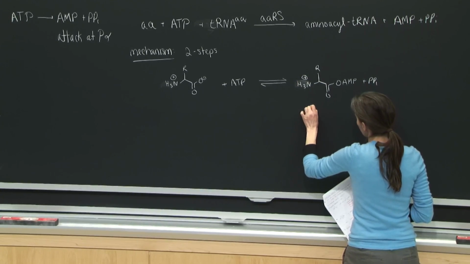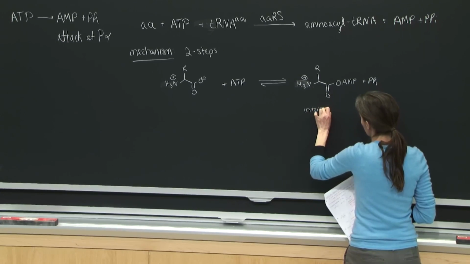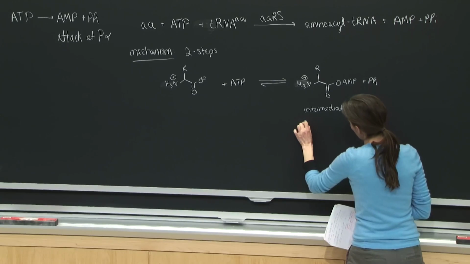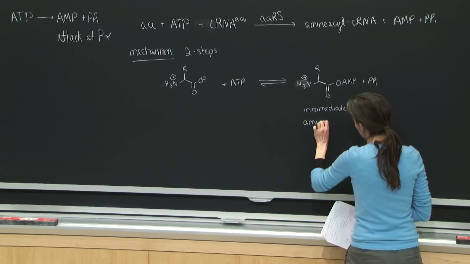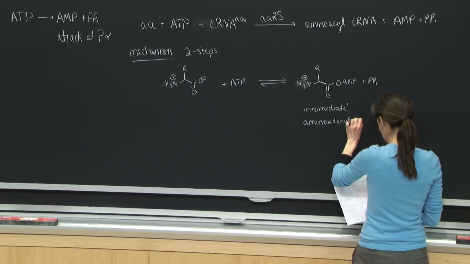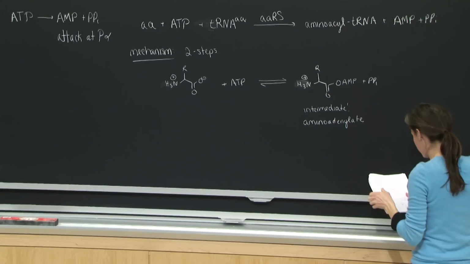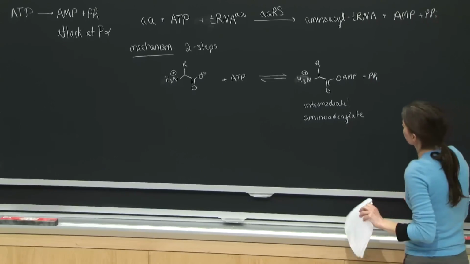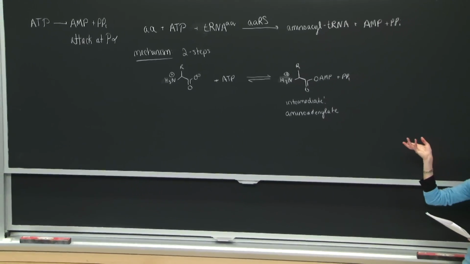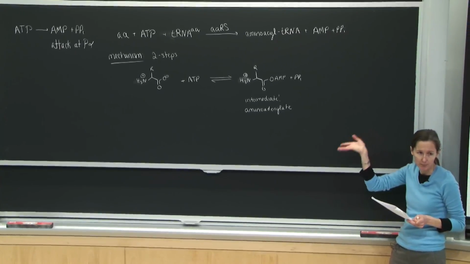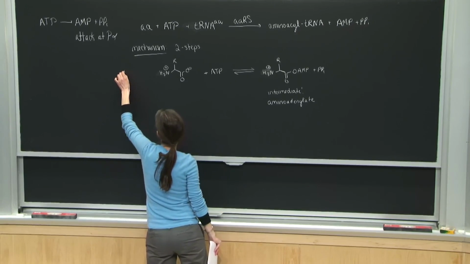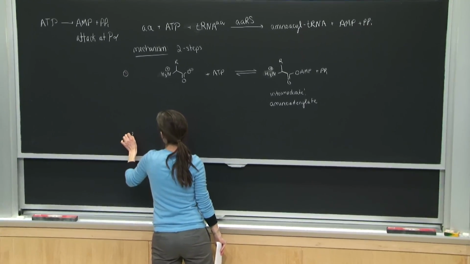So this intermediate is called an aminoadenylate. Adenylate because of adenosine here. And we need to think about why this intermediate might form. Why would we propose this in a mechanism? And then in step 2, we'll come back to that in a minute.